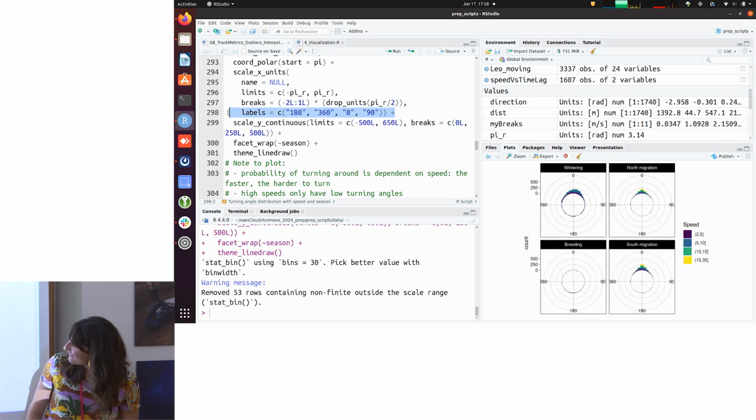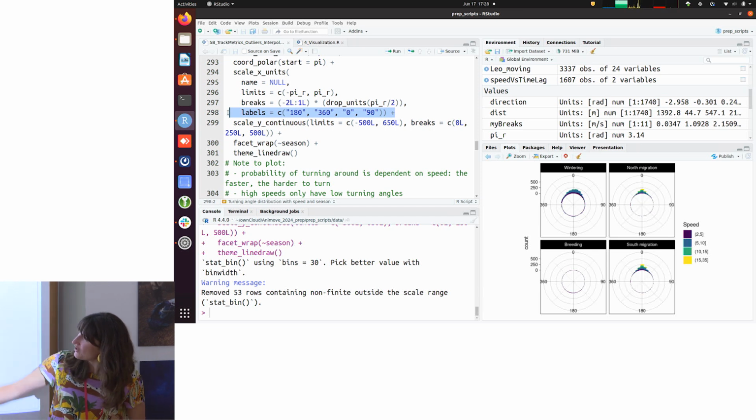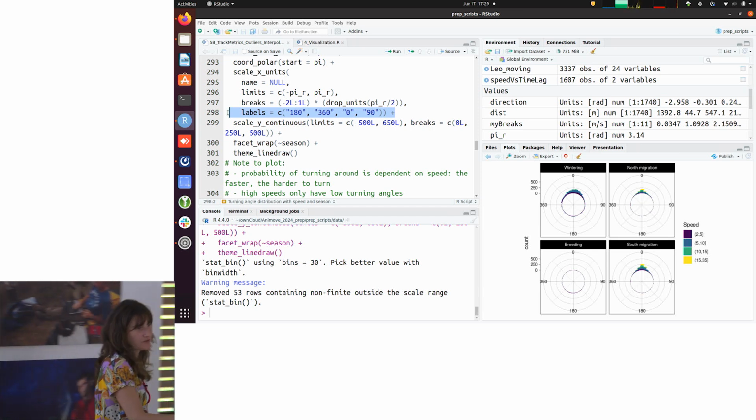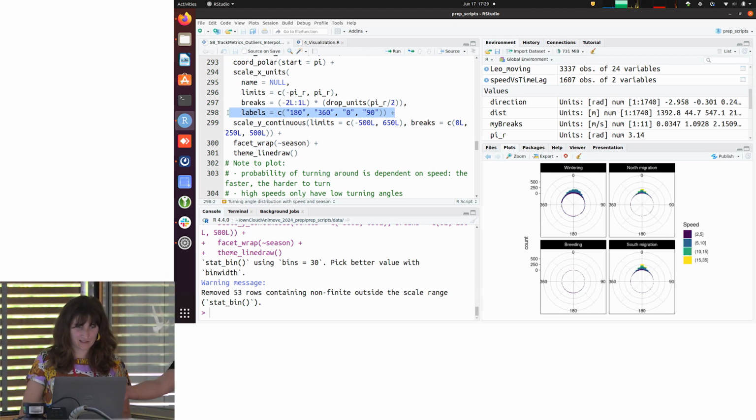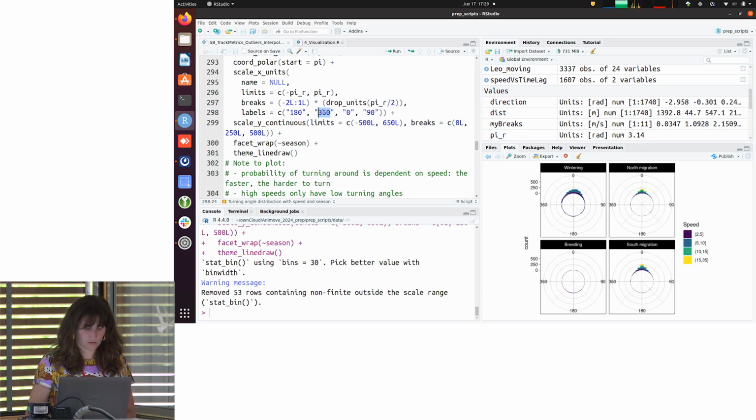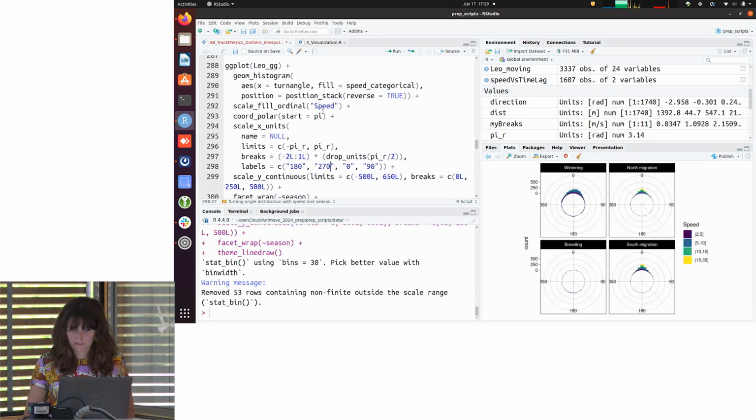It's just the label in the plot. I think this label is wrong. Yeah, exactly, this label should be 270. Yeah, good point. Fixed.